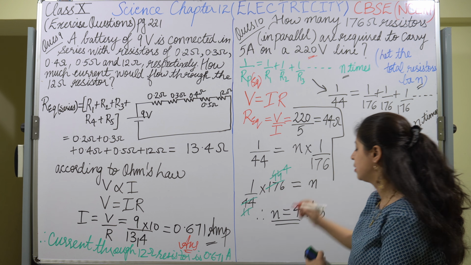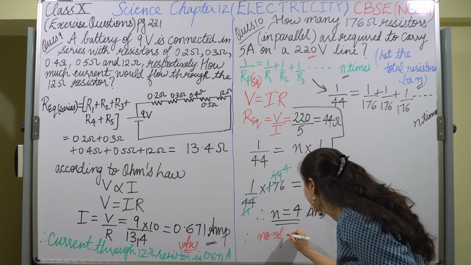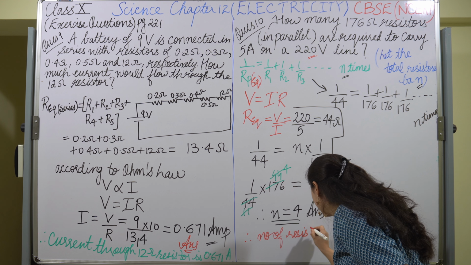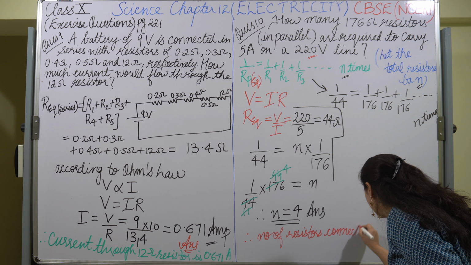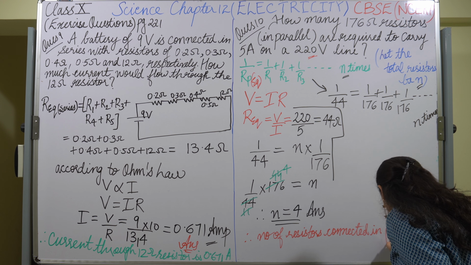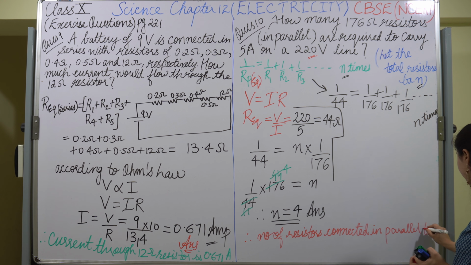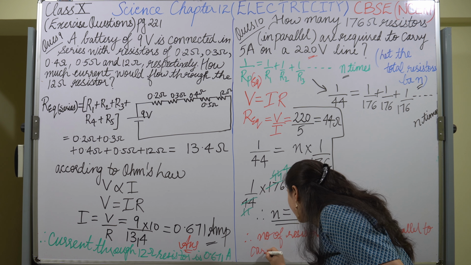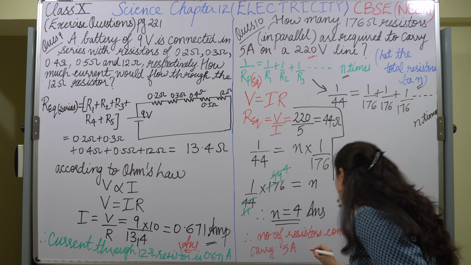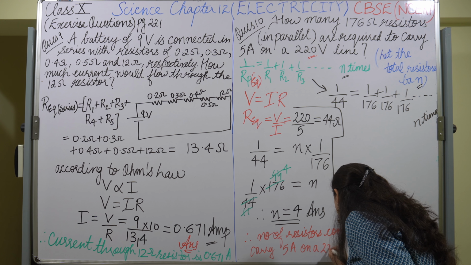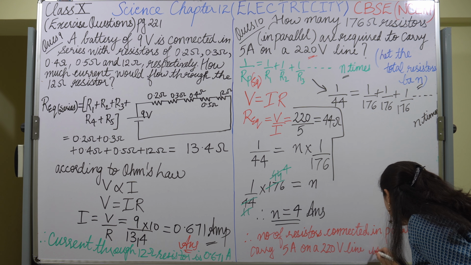Okay. So let us write it down. Number of resistors connected in parallel to carry 5 amperes on a 220 volt line is 4.